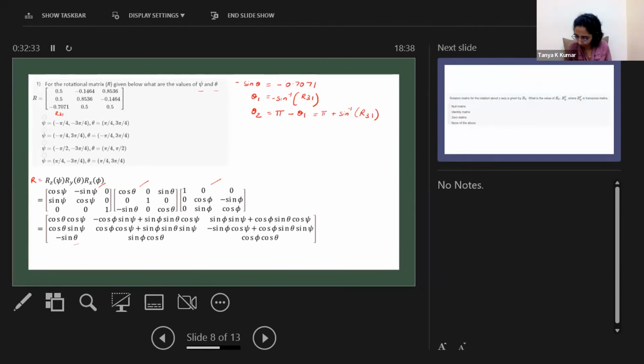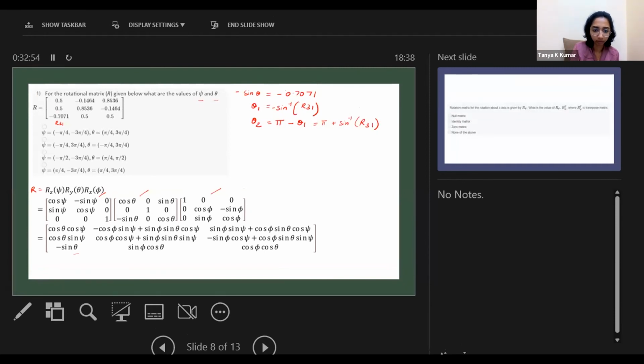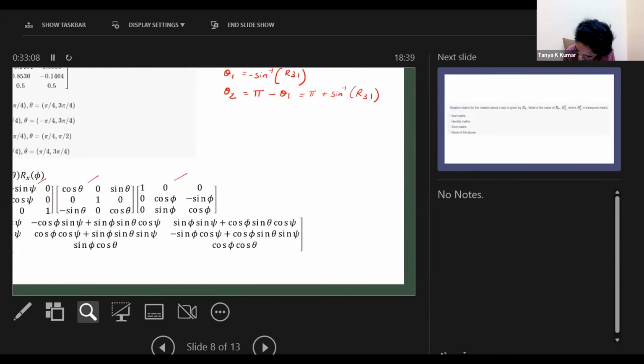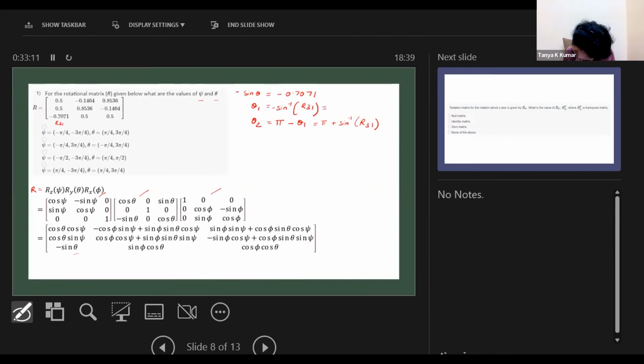So now let's find the answer. What is theta 1? What is theta 2? Theta 1 is minus sine inverse of minus 0.707, which gives you 45 degrees, pi by 4, so it's minus pi by 4.